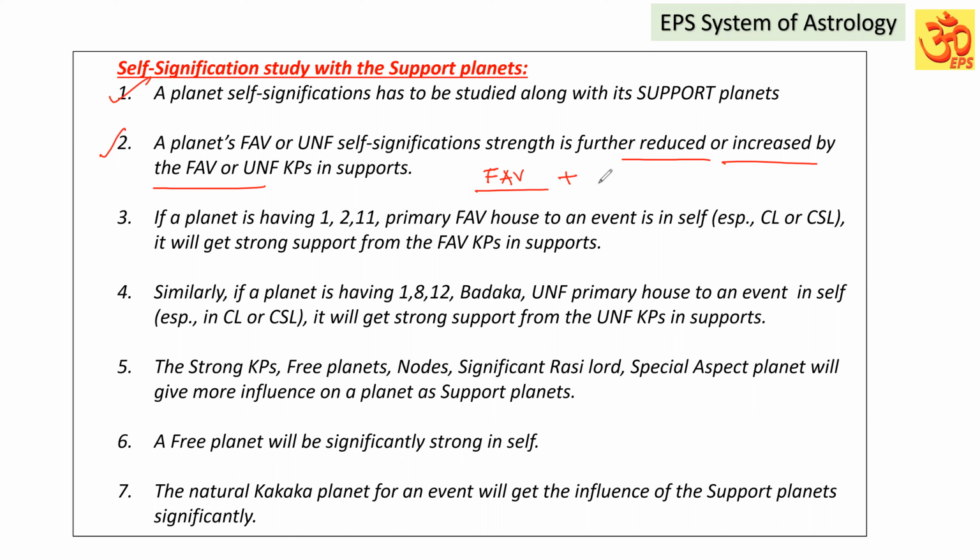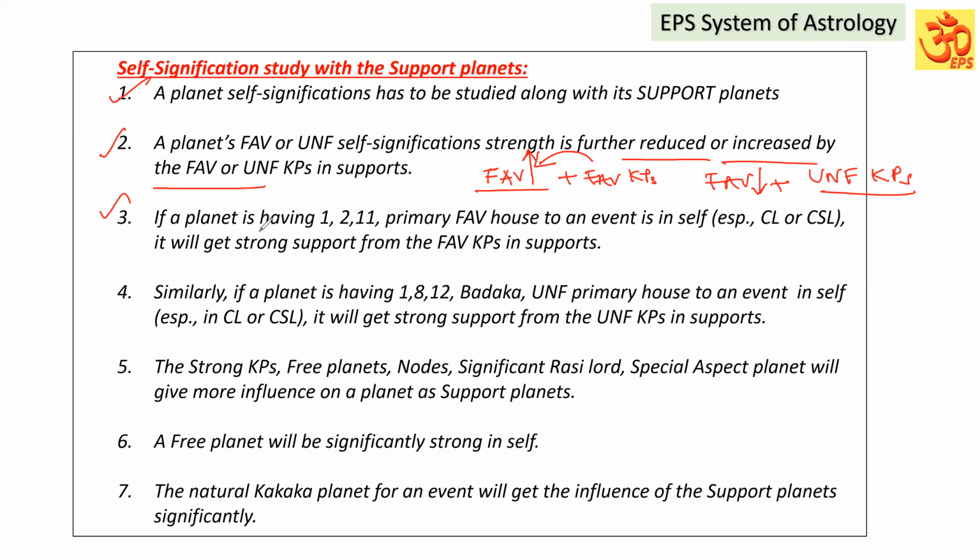Suppose in its supports it has favorable key planets, say 2 or 3 planets with favorable significations; then this favorable planet's strength is going to be increased. Suppose instead of favorable key planets, a favorable key planet has strong unfavorable key planets in its supports; that favorable strength is going to be reduced. I hope you would have understood.